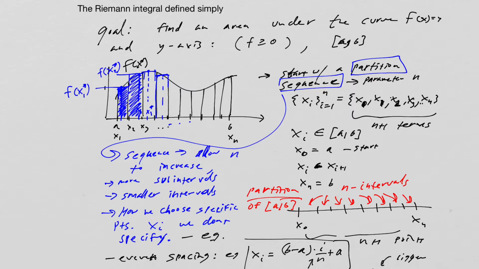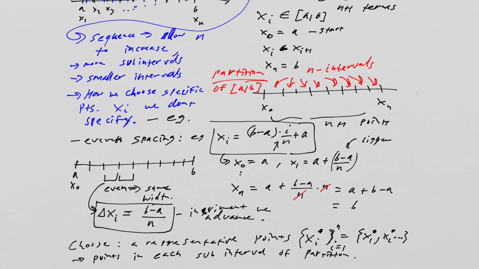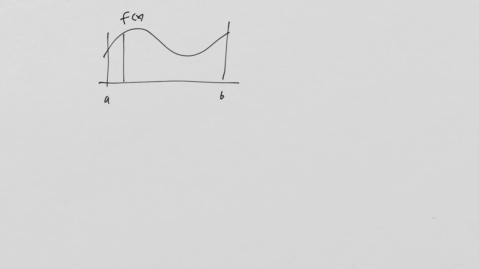Okay, so now let's put this all together, and I'm going to have to go to a new page. I'll draw another one of these graphs, f of x here, from A to B. Draw my partition, and then draw those representative points within the partition.